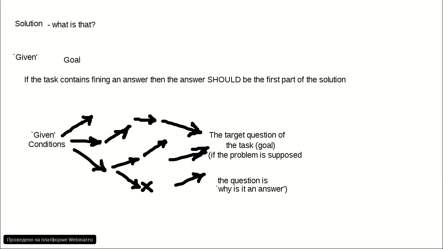So finally, we should find a continuous line of reasoning of all the steps from the very beginning to the very end, which explains how we got from the given conditions to the final answer, right? It's a very general explanation.